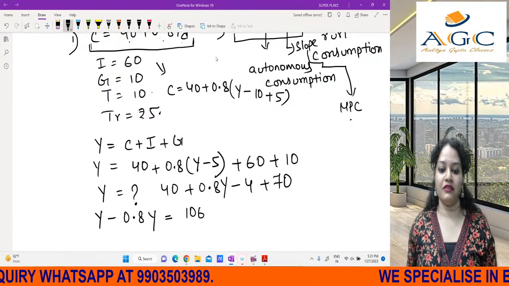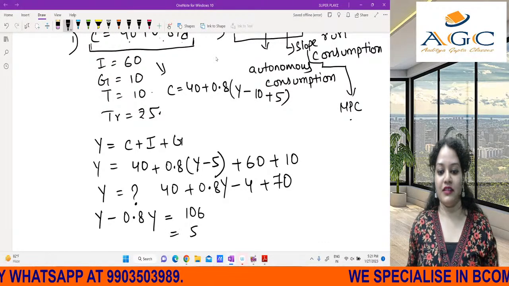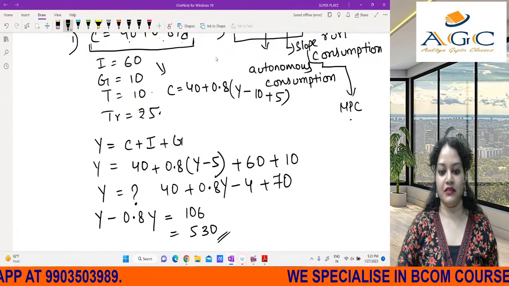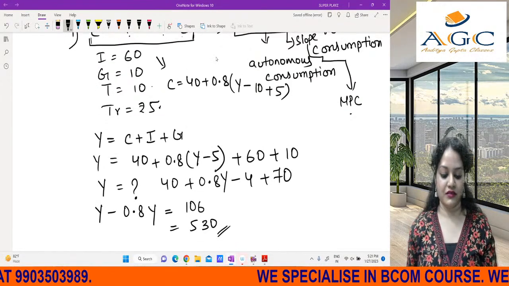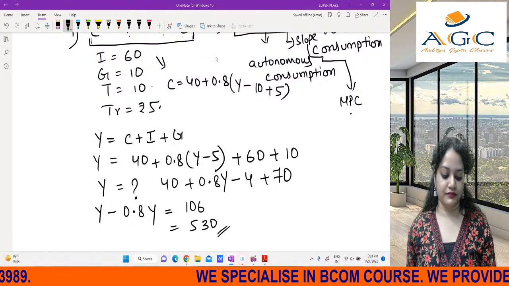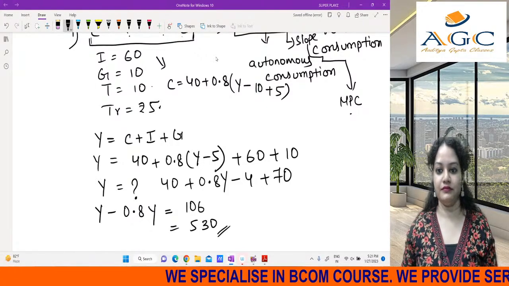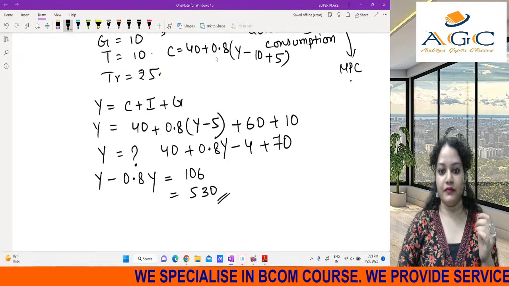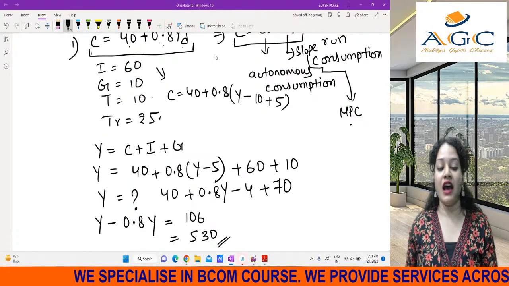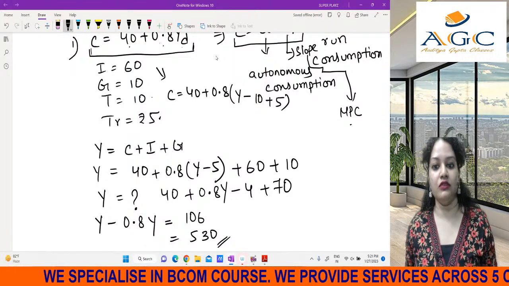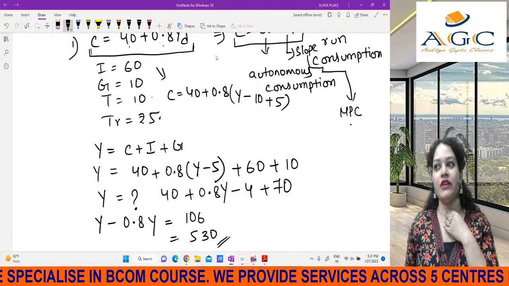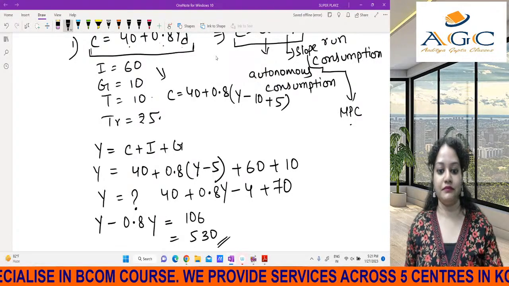Everybody? Okay. Then the final answer would be 530. Okay. Is the sum clear to everyone? You can do the calculations on your own, but how you are supposed to do the sum, is that clear to everyone? Okay.